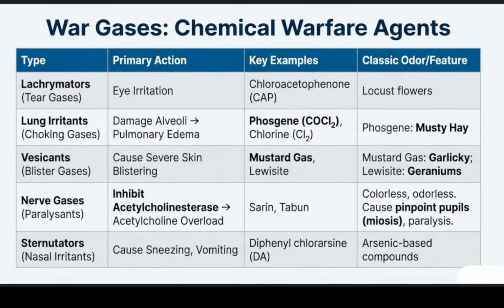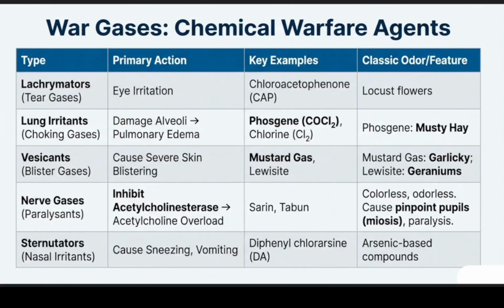Next we are talking about the vesicants, which are the blister gases. They cause severe skin blistering. For example, we have mustard gas and lewisite. Mustard gas has a garlicky smell, whereas lewisite has a geranium smell.